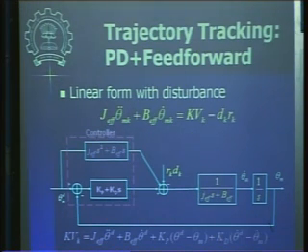Next we will carry out some analysis of this controller and see what we get for the tracking trajectory error, like error in tracking the trajectory. That is, the dynamics of error in following the desired trajectory.